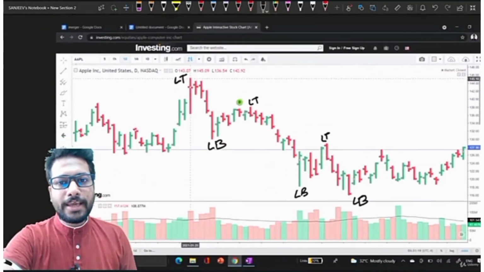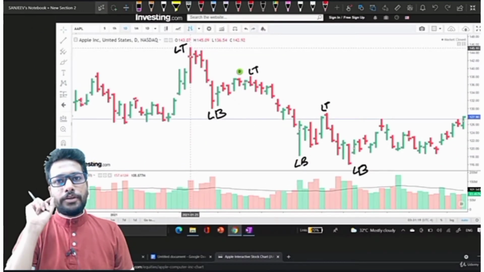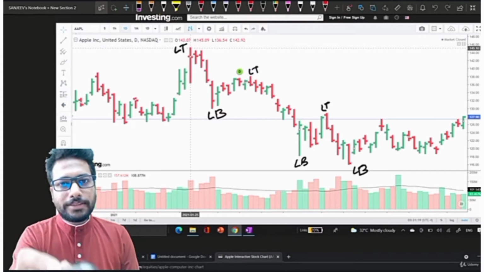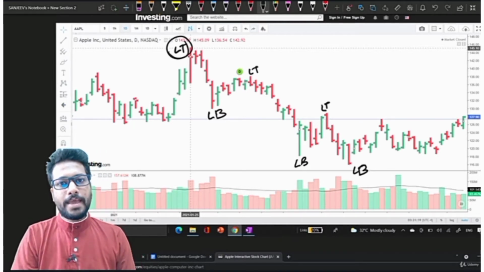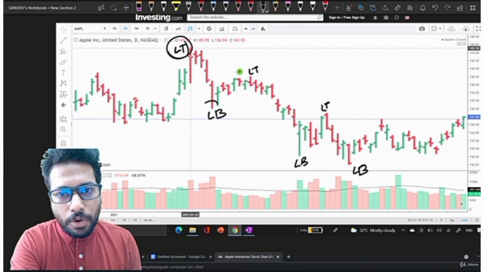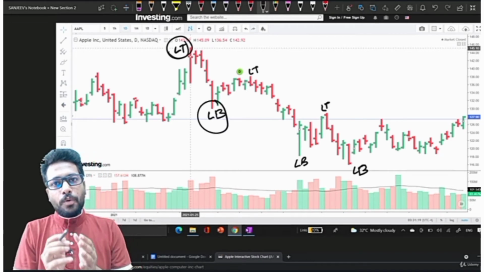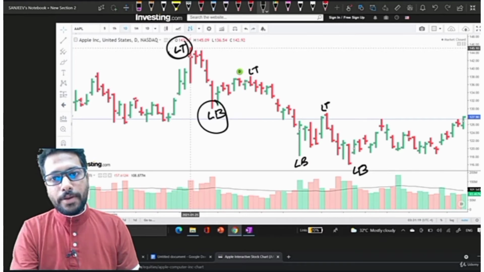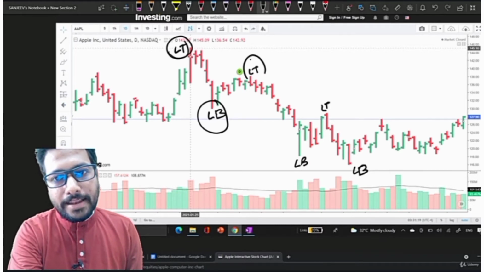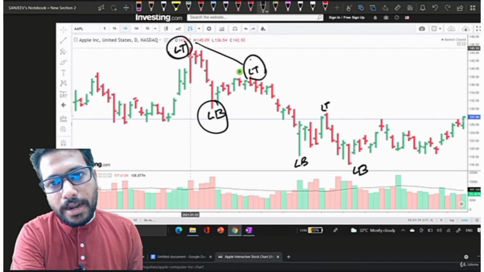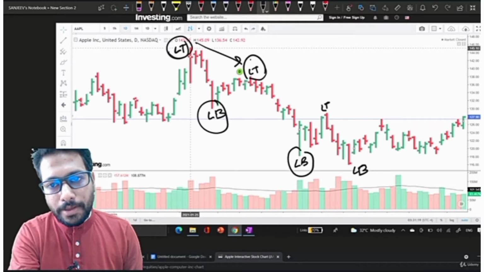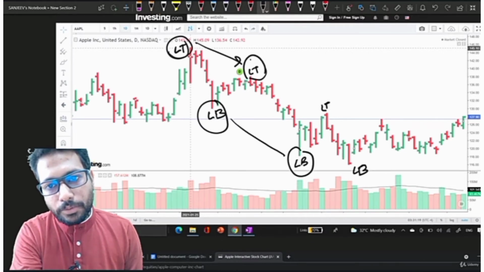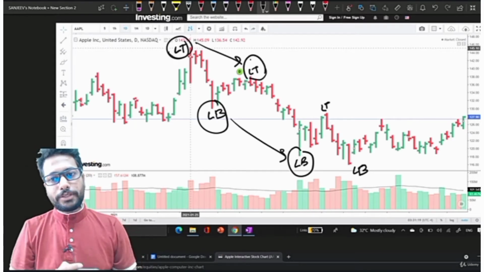In case of a downward trend, you will see that there is one lower top and the next one is a lower bottom. Now the next lower top will be comparatively less as compared to the earlier lower top, and the second next lower bottom will be less compared to the last lower bottom.